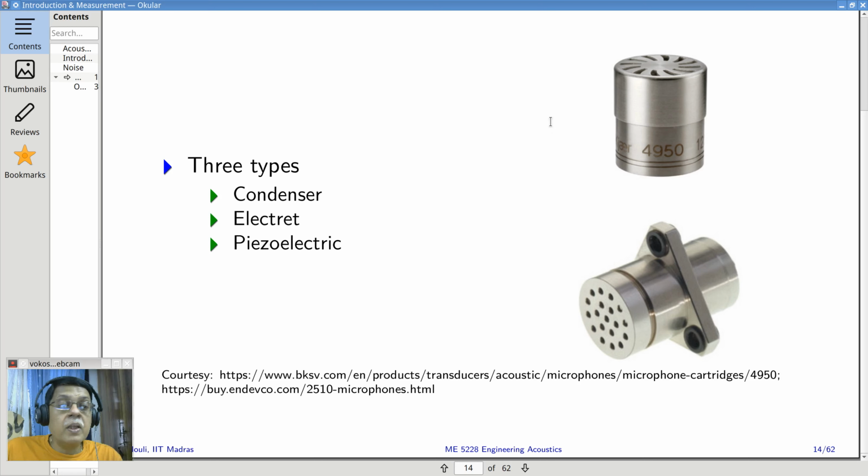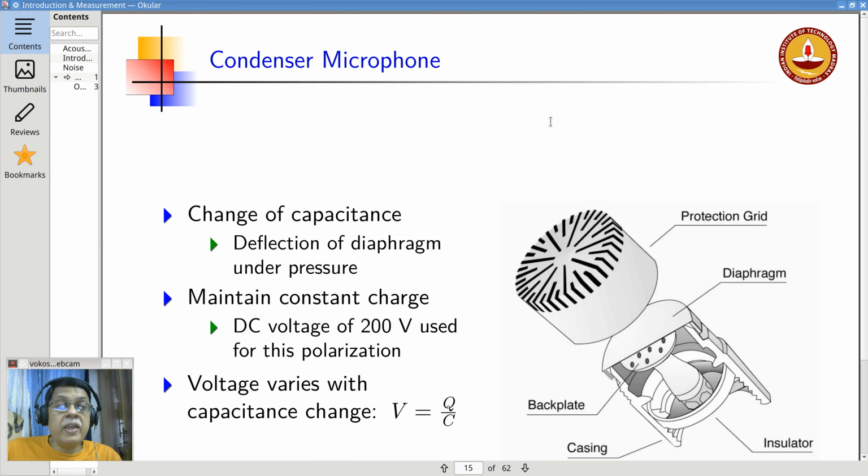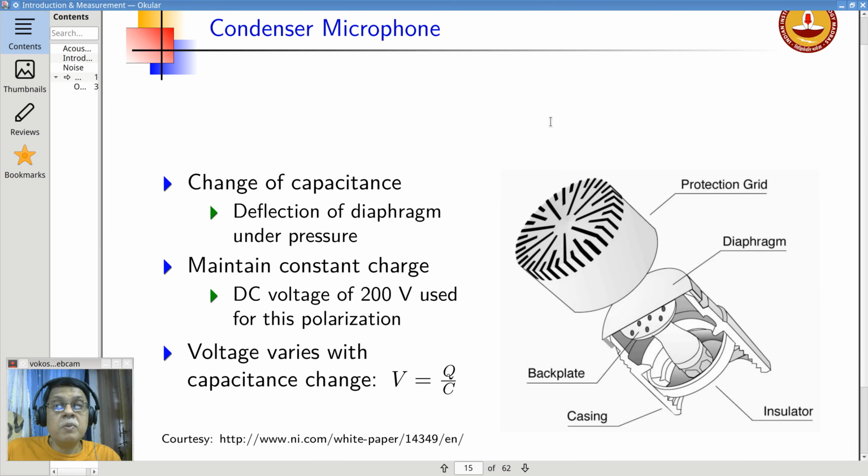All right, and so there are three types. The condenser microphone, which is the most widely used, works on the principle of change of capacitance. The construction is quite simple. You have a very thin diaphragm, which is a stretched diaphragm, like a membrane under tension.